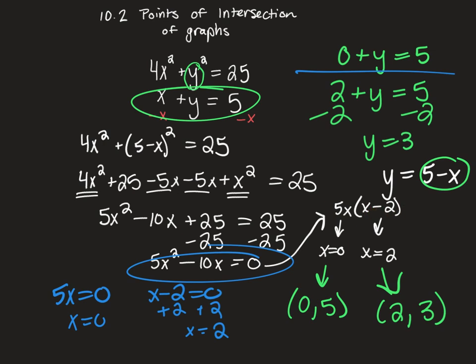So I took 5x, set it equal to 0, divided the 5 out, so x is 0. Then I take x minus 2, set it equal to 0, add my 2 over, so x is 2. So when I plug a 2 in, I'm going to get a 0, or when I plug a 0 in, I'm going to get a 0. Those are the two values for x that make that equation true.